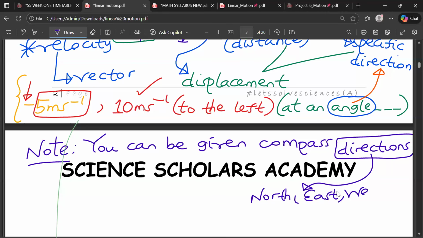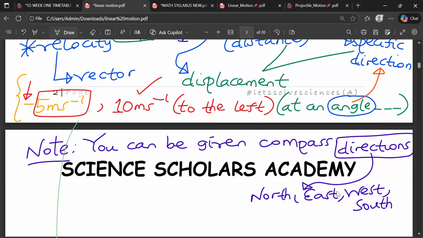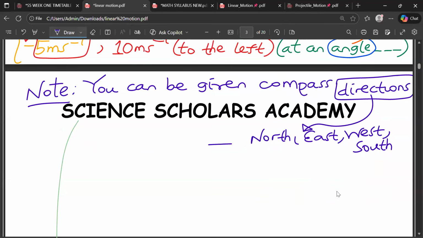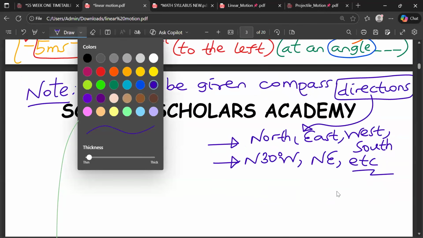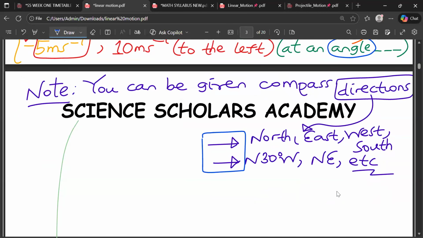When you see them anywhere, that is direction, so things are rendered to be what? Vector quantities. If they don't use those 4 cardinal points, they can bring the secondary ones. They can tell you north, 30 degrees west. They can say northeast and so on. You know them. So when you see that, those are specific directions. So immediately treat that something as a vector quantity. I don't want to oversay much about it.